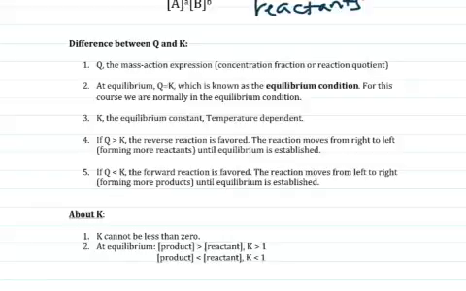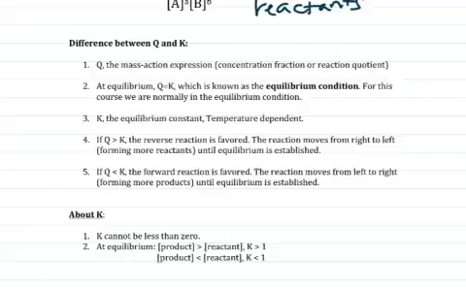At equilibrium, Q is equal to K, which is known as the equilibrium consideration. For this course, we are normally in the equilibrium condition. K is known as the equilibrium constant, and it is very much temperature dependent. If our reaction quotient Q is larger than our equilibrium constant, the reverse reaction is favored.